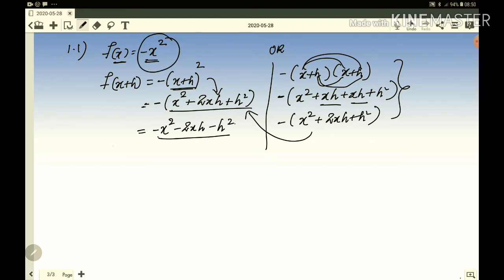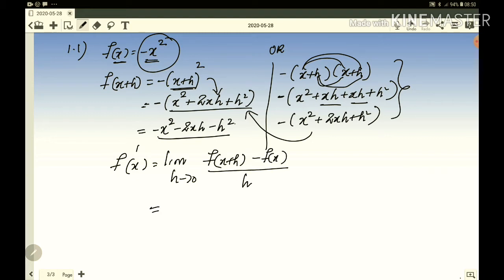Now I can go to the formula. What is the formula? I think it is better to write the formula when you do this type of questions. F dash x is equal to limit h tends to 0, f of x plus h minus f of x divided by h. Now substitution. We have f of x plus h and f of x.